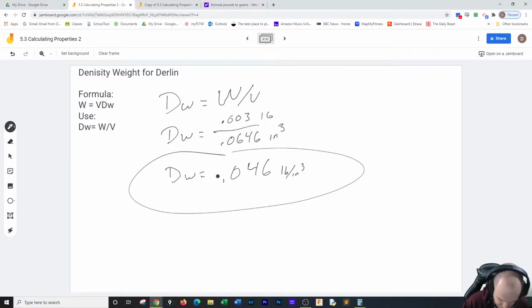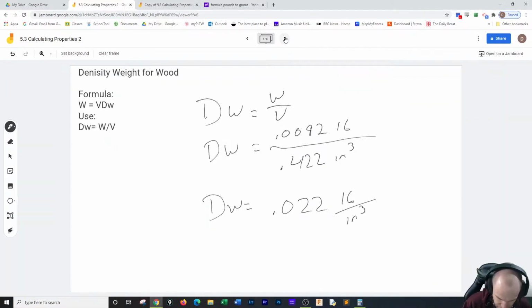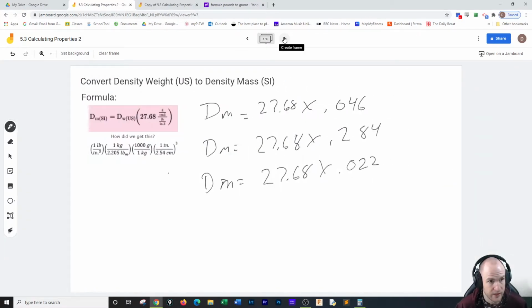The density mass for the steel is going to be, going over one more, 0.284, and the density mass for the wood is going to be 0.022. Okay.